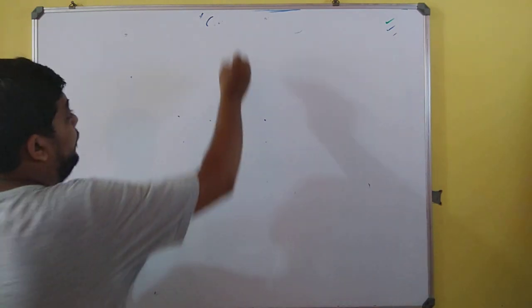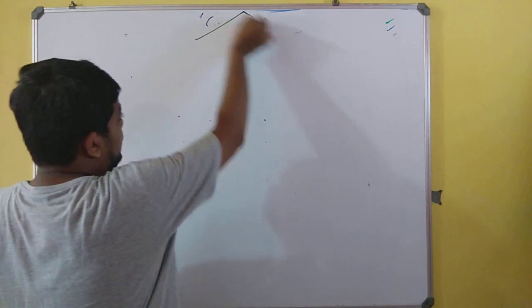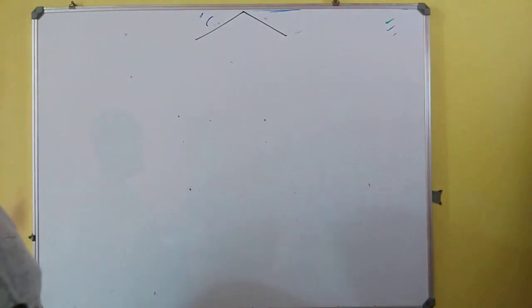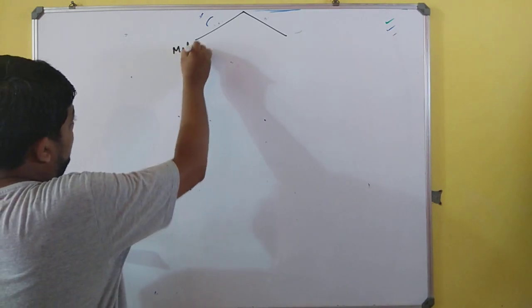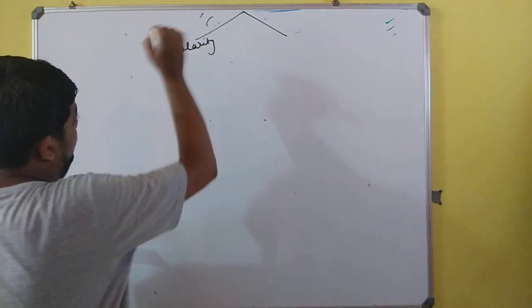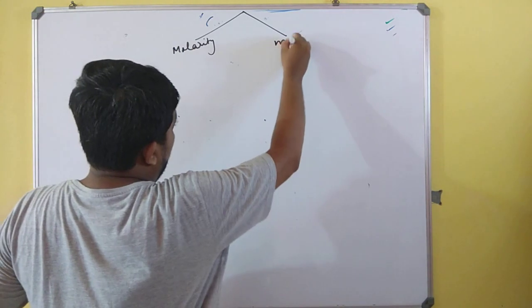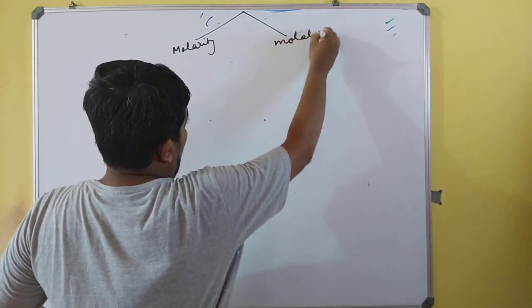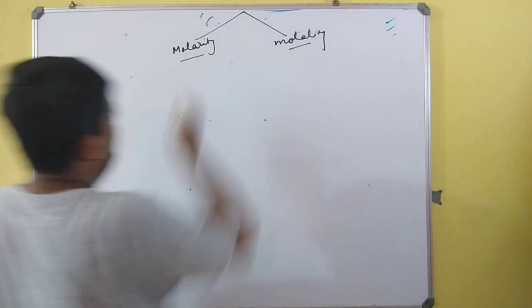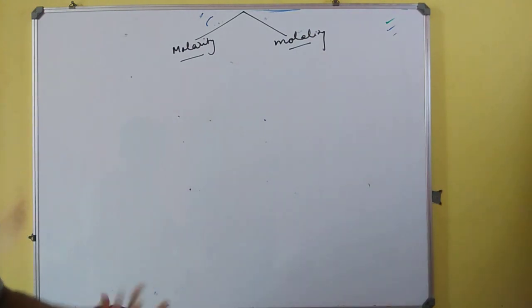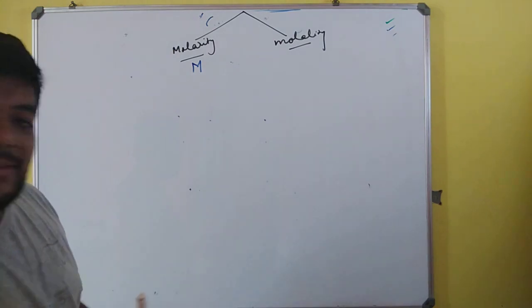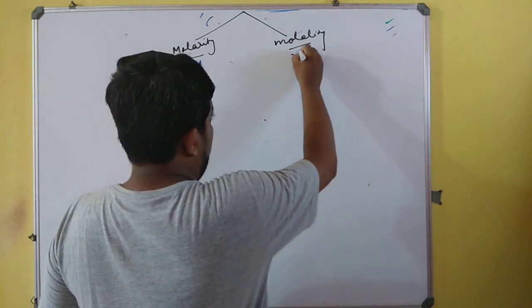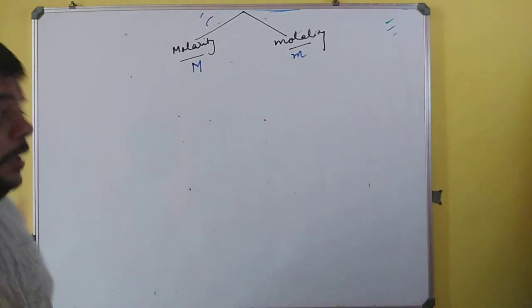So remember very well that as of now in this video we are discussing two concepts of concentration, and they are molarity and molality. Whenever we say molarity, it is capital M, and whenever we say molality, it is small m.